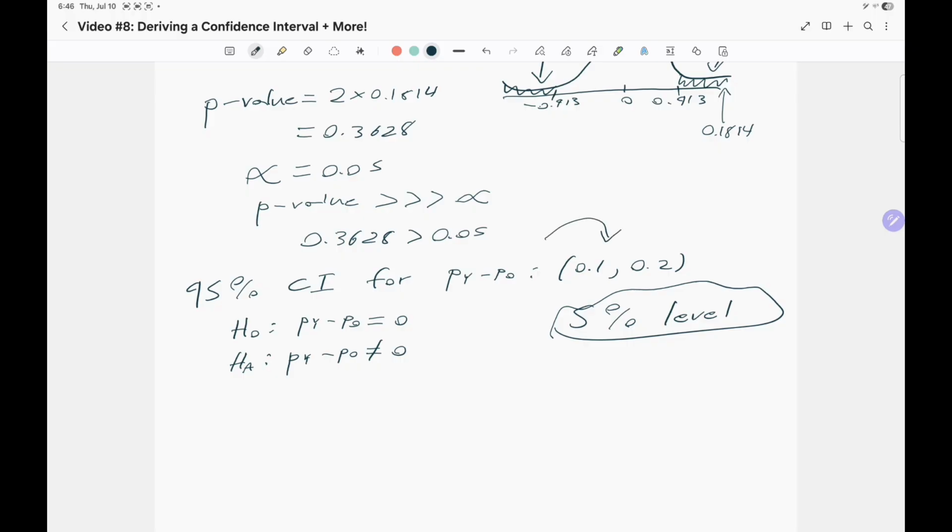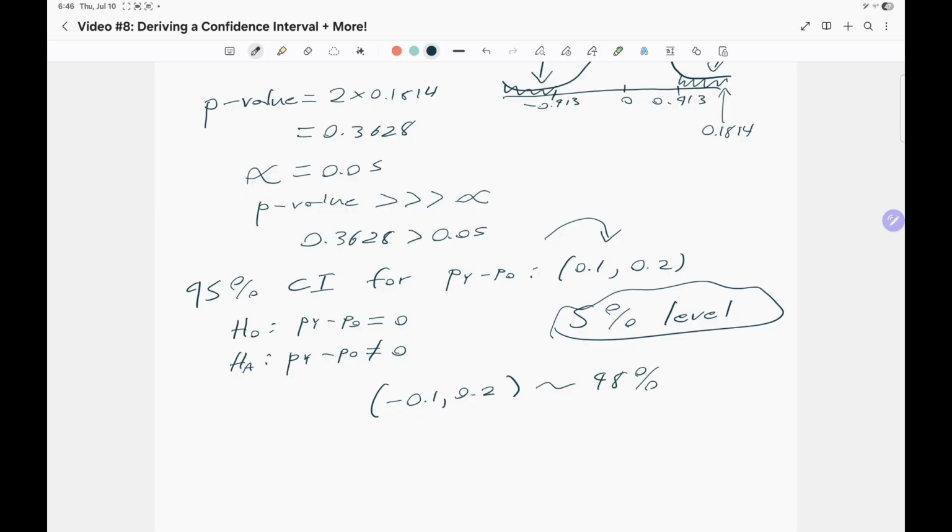But let's talk about a larger interval. Let's say we had negative 0.1 to 0.2. Well, then we wouldn't be 95% sure anymore. We would be more than 95% sure, so the probability of it being within that range is going to be greater than 95%. Let's say it's 98%.